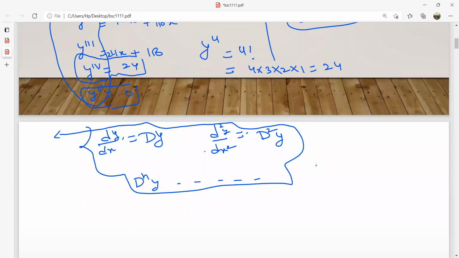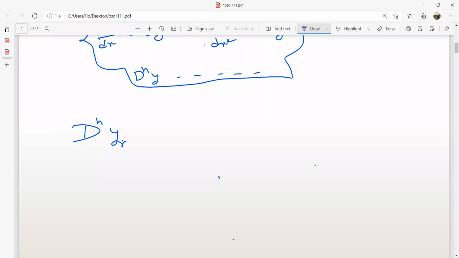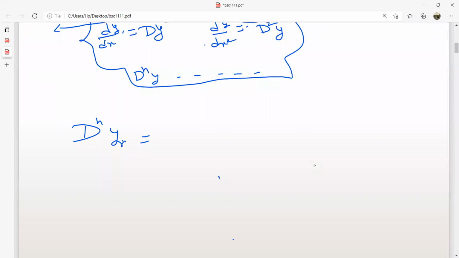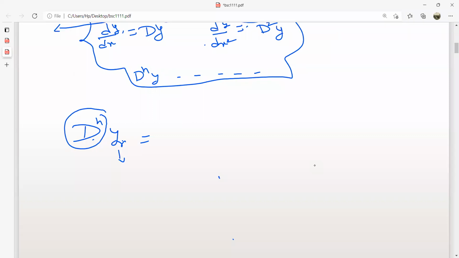Sometimes you have to use D to the power n and D to the power r y. Basically this means n times derivative and r times derivative. So how do we rewrite this in another notation?